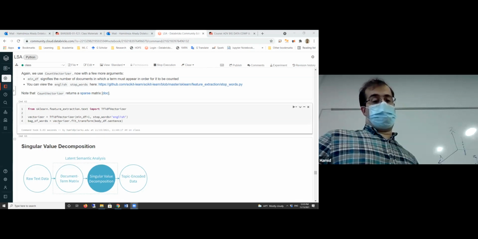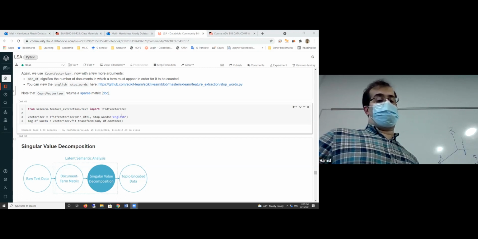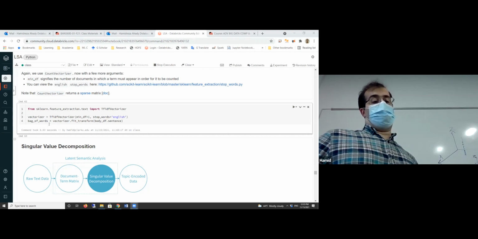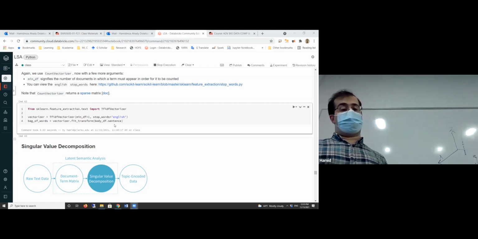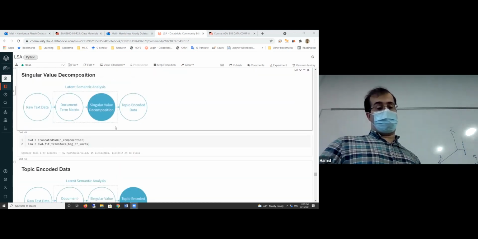This time I applied the TF-IDF vectorizer. Again, I want to exclude the stop words, and each token should appear in at least one document. I apply it on my data frame column, sentence, which is the column from body underline df, and I make my bag of words.